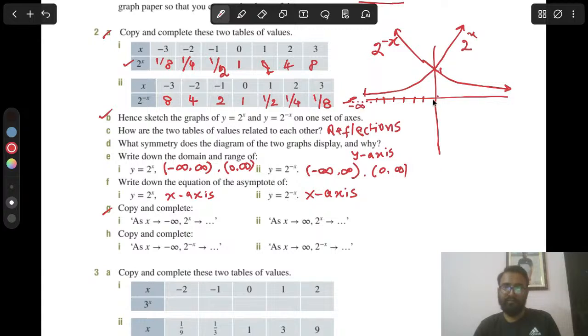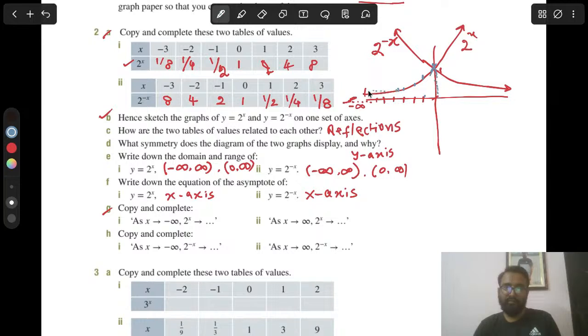At x equals 0, the y value is 1. At x equals 1, the y value is less than 1. The values are getting smaller and smaller, going down, down, down.